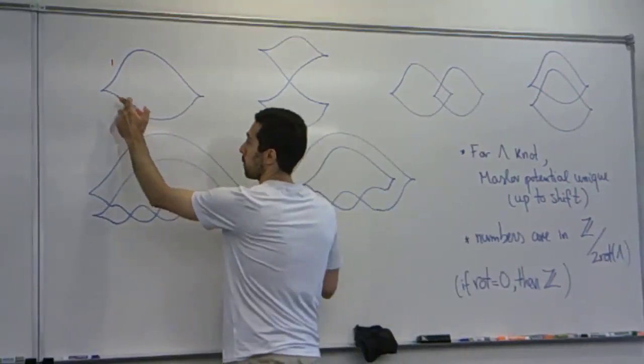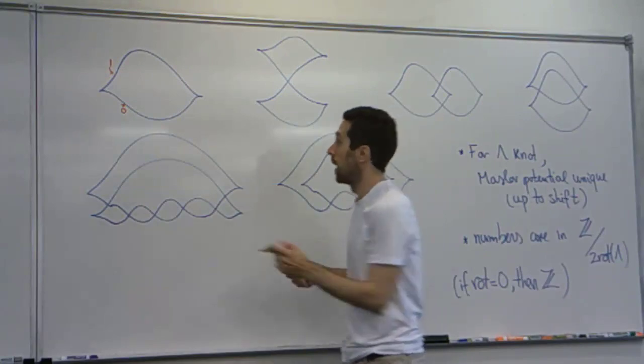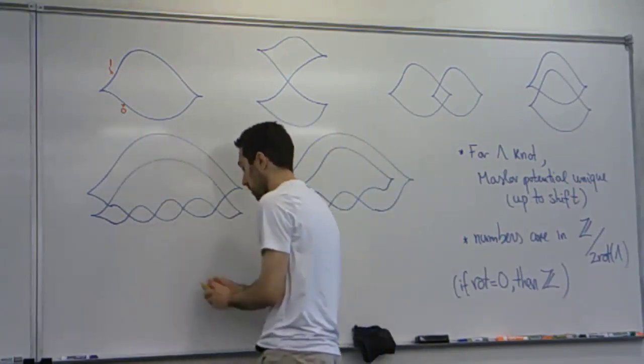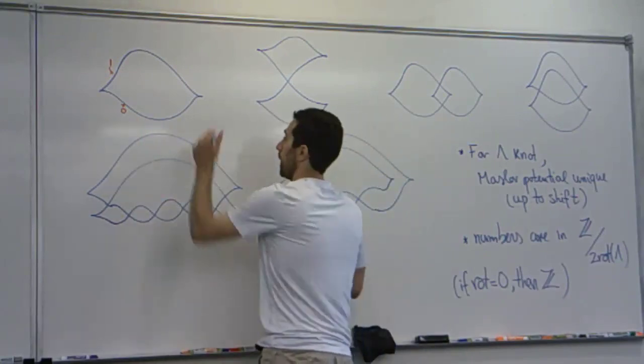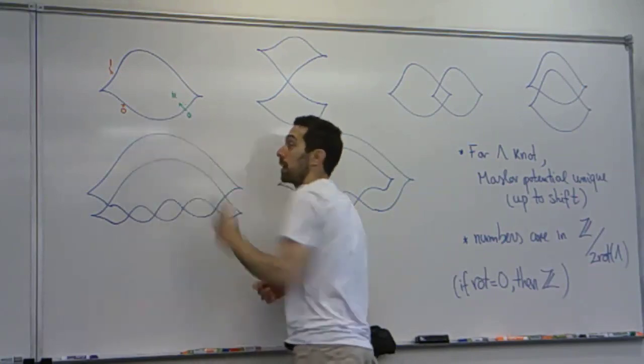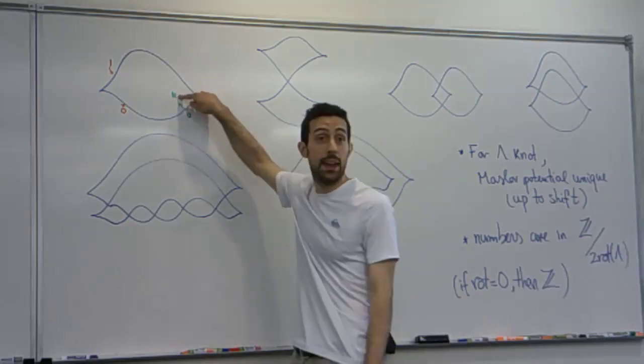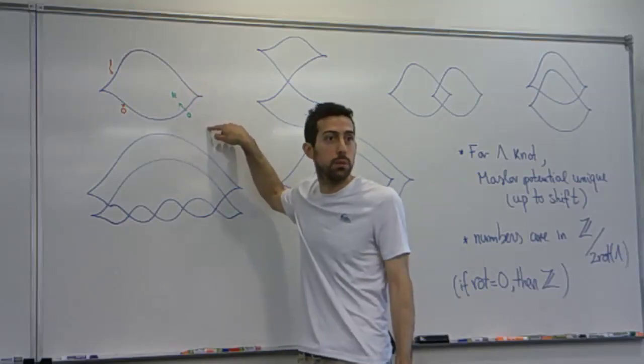If I have Maslov potential 0 in this arc and Maslov potential 1 in this arc, then the map goes from having 0 stalk outside, and now I'm forced to increase by exactly 1. That forces me to have K in here in degree 0, because the cone of that is exactly K with 0 shifted, but that doesn't contribute.